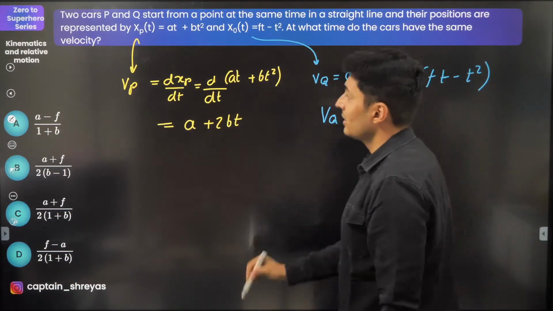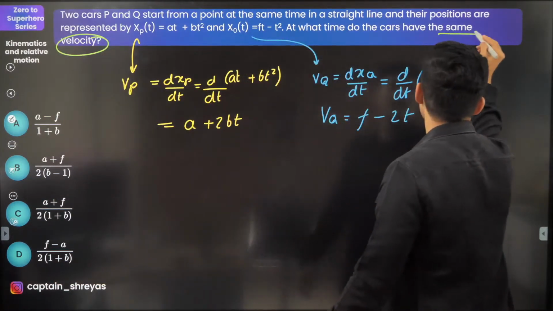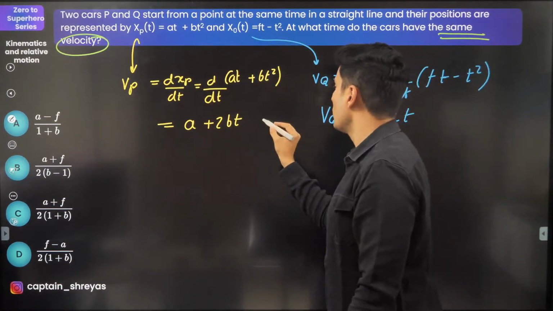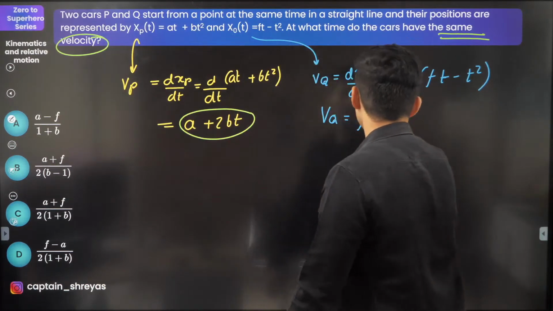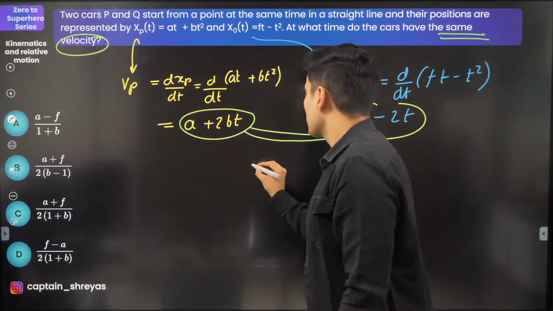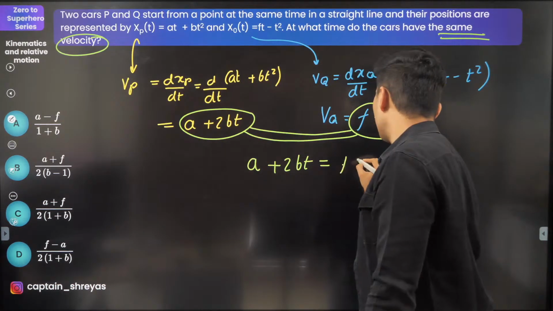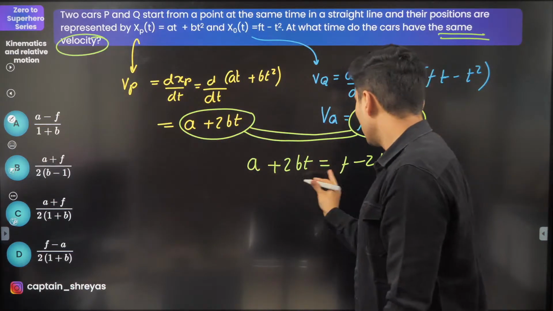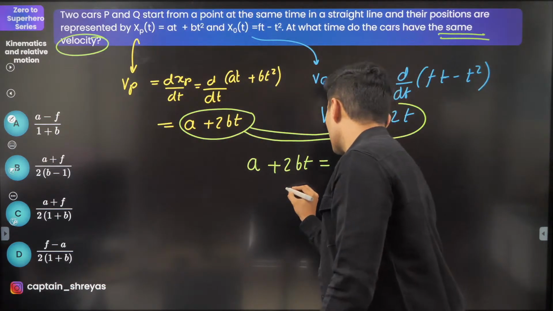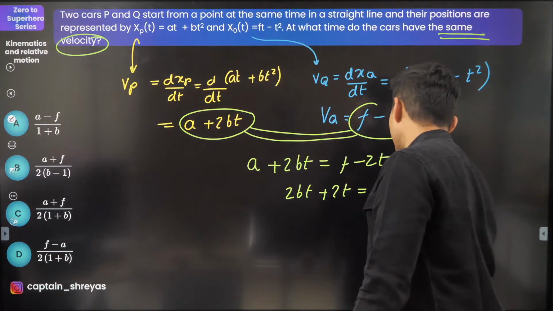It's clearly mentioned, when will their velocity be the same? That means this should be equal to this. So equate both of them. So a plus 2bt is equal to f minus 2t. Rearrange. So 2bt plus 2t is equal to f minus a.